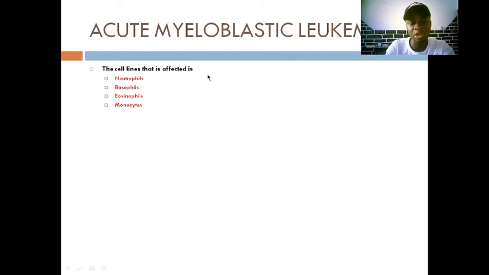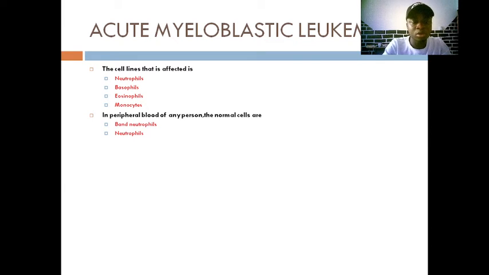So in leukemia, if you run a full blood count, you may have low levels of all these cells. That is why I first explained other causes of increased levels of these values. What I want you to understand is that in acute leukemia, the neutrophils are the cell line mostly affected. The basophils are there too. So the mature cells, which are supposed to be seen in peripheral blood, are mostly affected.